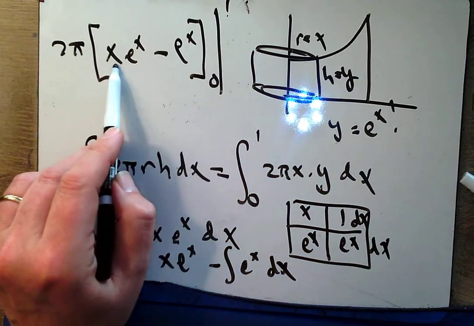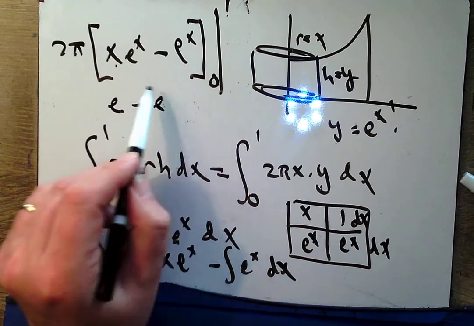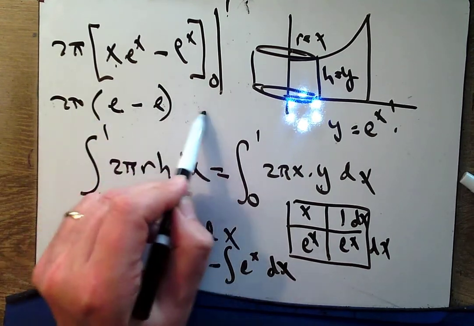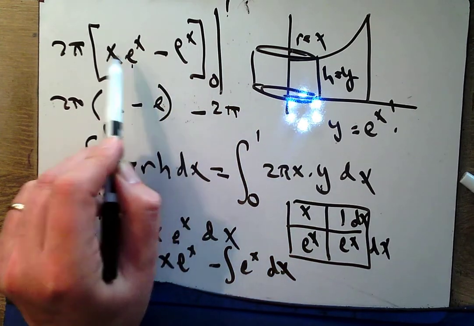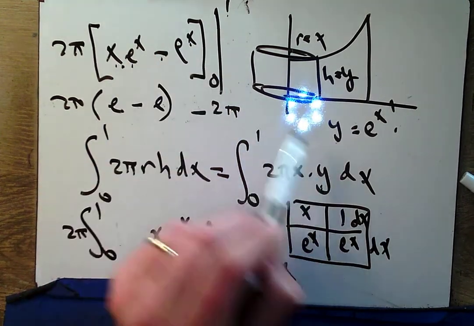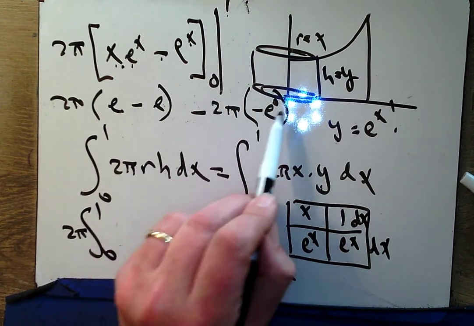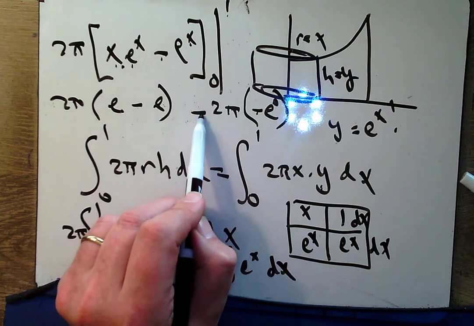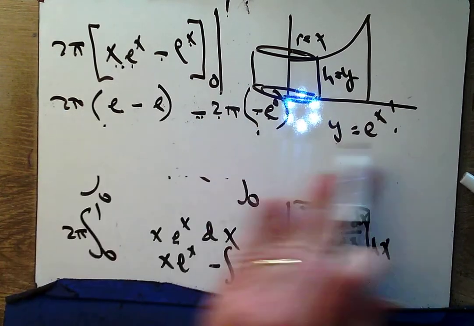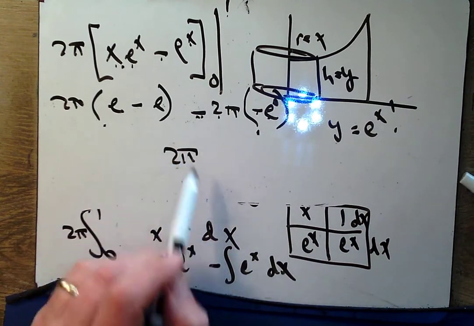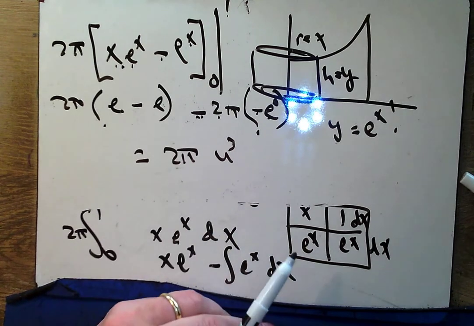Okay, if I plug a 1 in here, I get e minus e, times 2 pi, minus 2 pi times, if I plug a 0 in here, I get 0 minus e to the 0, minus e to the 0. Well, e to the 0 is 1. I have minus minus, which is plus 1 times 2 pi is 2 pi. And so my volume here would be 2 pi units cubed. Okay.